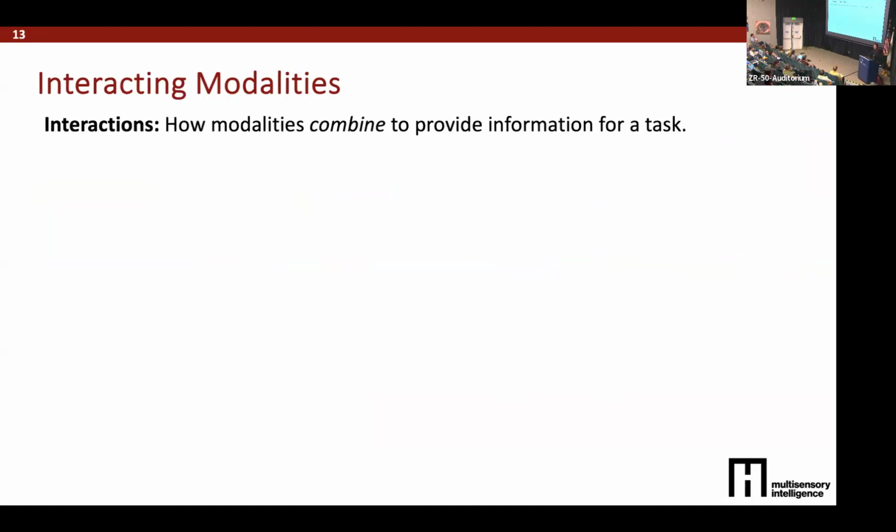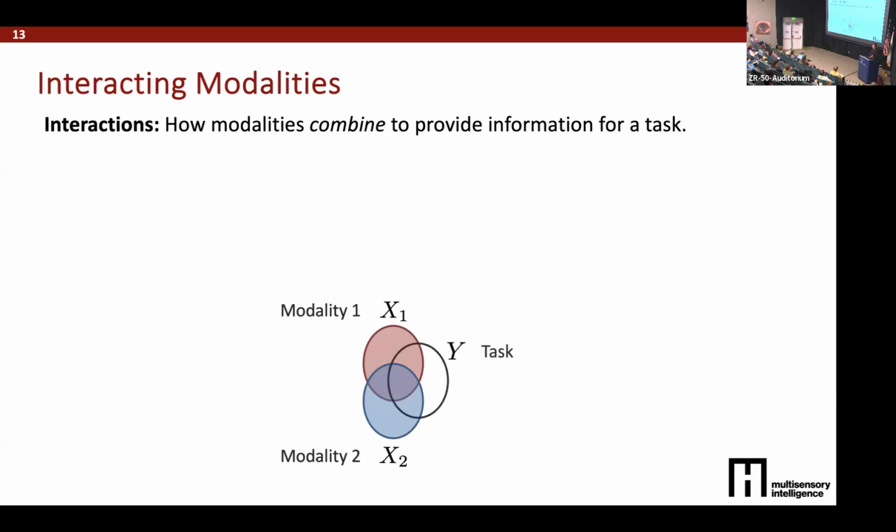And finally, the third key challenge, the third key principle in multimodal AI, is the fact that these modalities often interact in some way to combine and provide new information for a task. So again, following on these Venn diagrams of modalities with some shared information and some unique information, interactions arise when you're trying to predict some task Y, given these two data modalities.